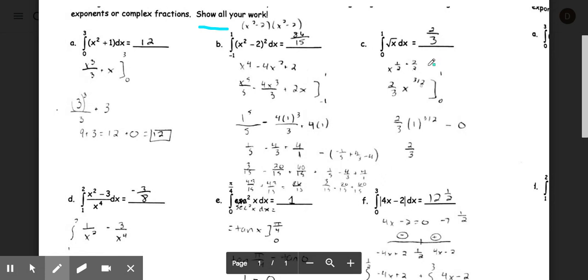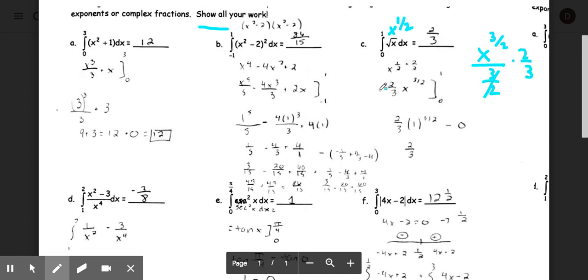Okay. Any questions on part C? Yeah, can you go over that exactly? Yeah, well, it's x to the 1/2, right? When you add 1 to the power to integrate, it's now 3/2. But instead of dividing by 3/2, we don't write it like this. We automatically take this fraction and multiply it by the reciprocal.